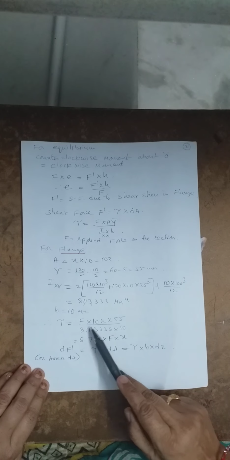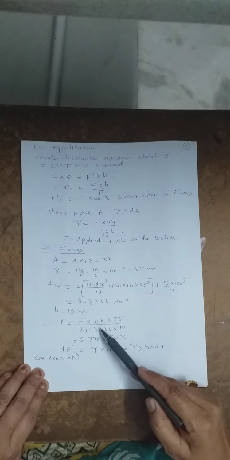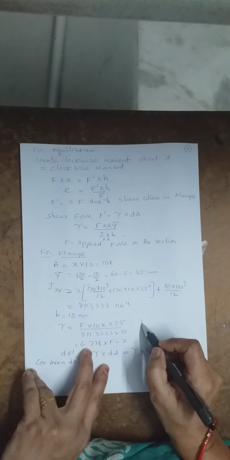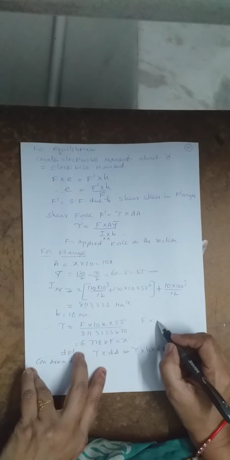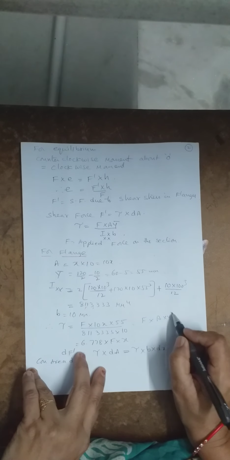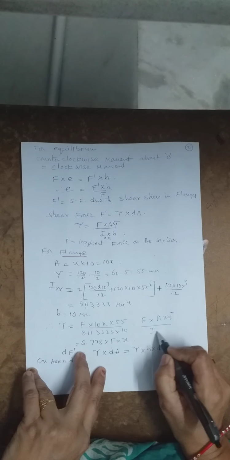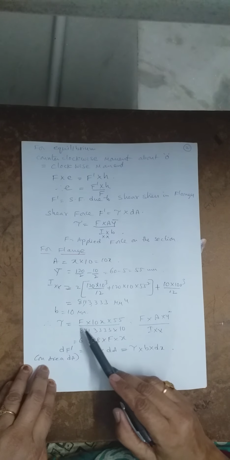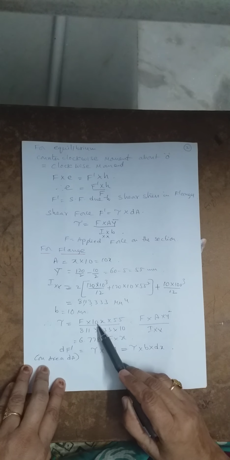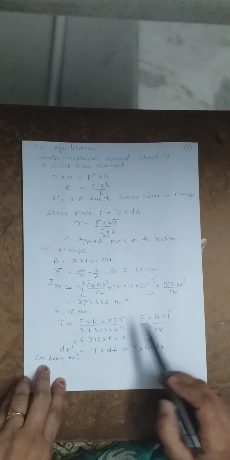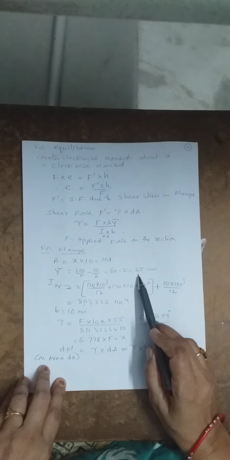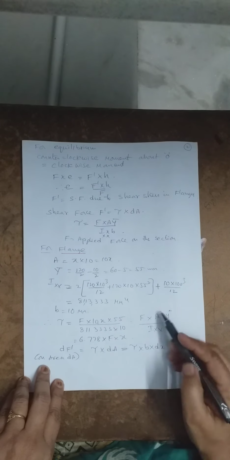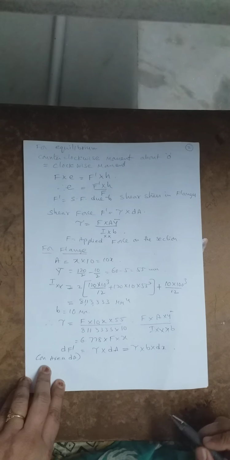So tau is equal to F into 10x, that is the area, into y bar, by Ixx into B. We have calculated y bar as 55, Ixx as above, and B is 10 mm.